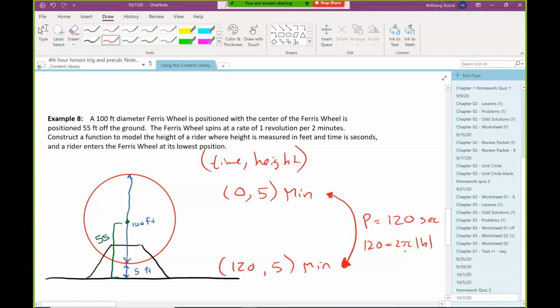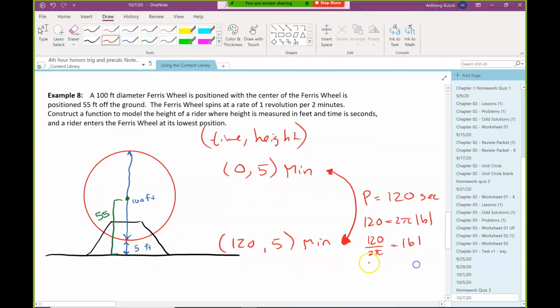And this is a point that I want to make here. I think it was in both classes. I saw lots of people in the homework quiz doing this wrong when solving for B. So if I divide both sides by 2 pi, let's write it out. That gives me 120 over 2 pi, right? If I reduce that, that becomes 60 over pi.